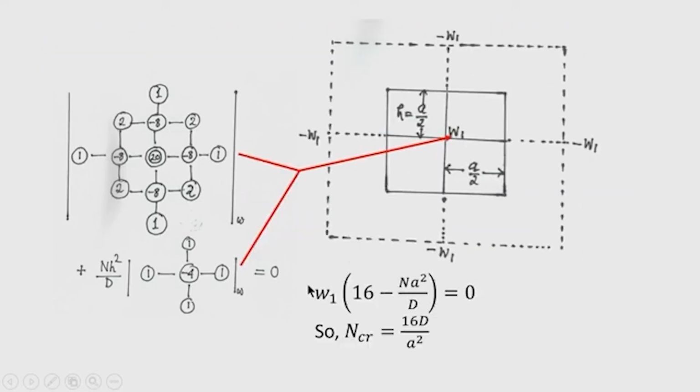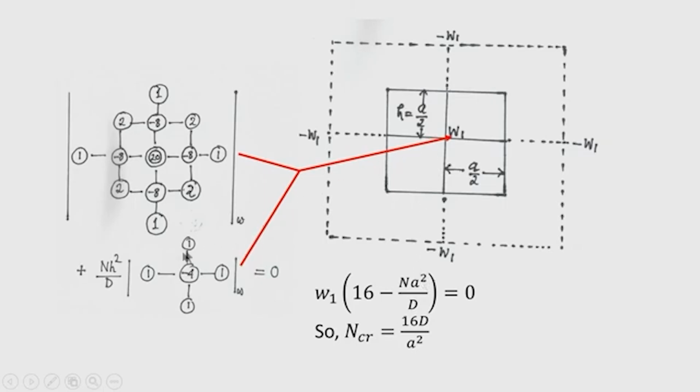So, hence the finite difference equation can now be written with 16. How is 16 coming? 20 minus 4, because 20 is there at the center and no other values are important there, because they are falling on the boundary, and this minus 4, because this is again minus 4. So, N a square by D minus 4 N a square by D; a square is coming because h is equal to a by 2.